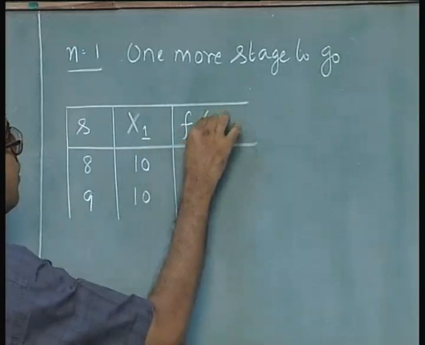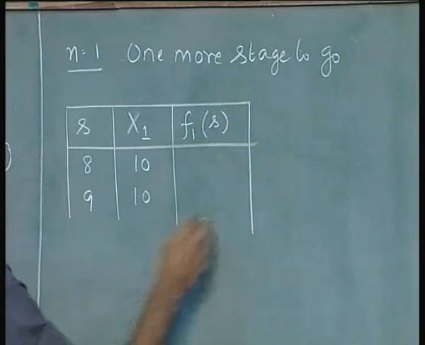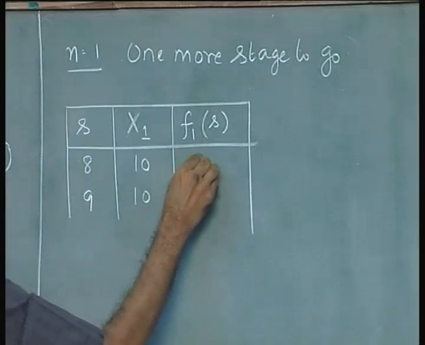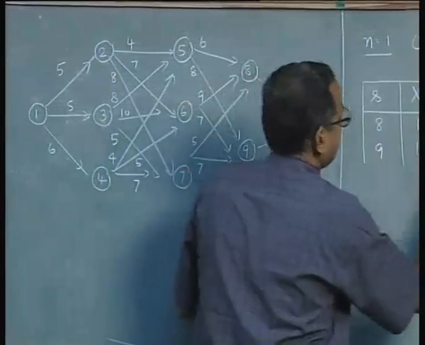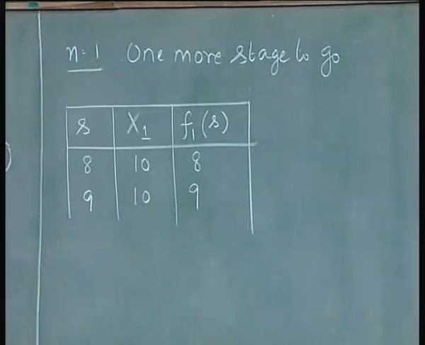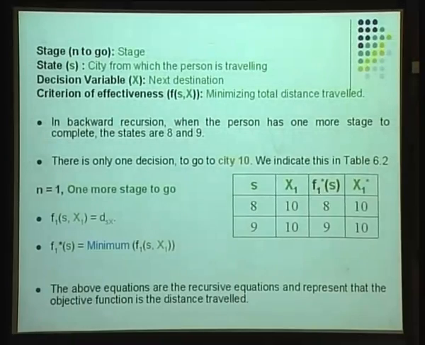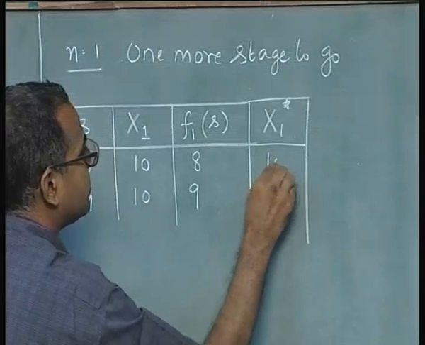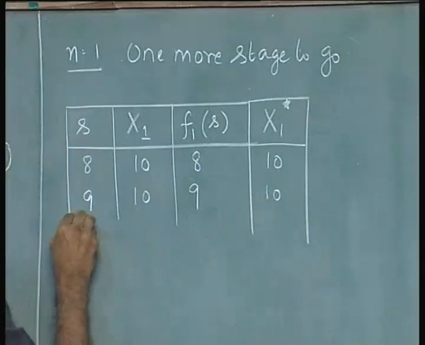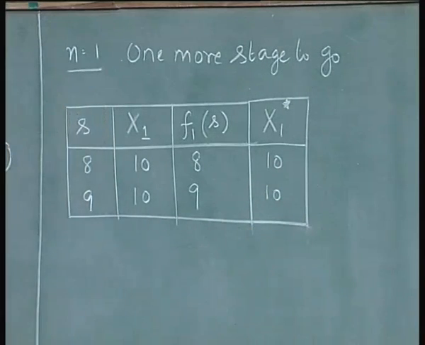Now f1 from S, in this case from 8 to 10 the distance is 8, and from 9 to 10 the distance is 9, and we have x1 star, which is called the best decision, which will be to go to 10 whether you are going from 8 or from 9.